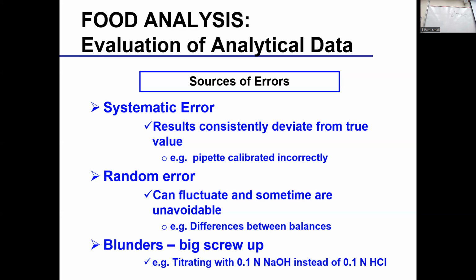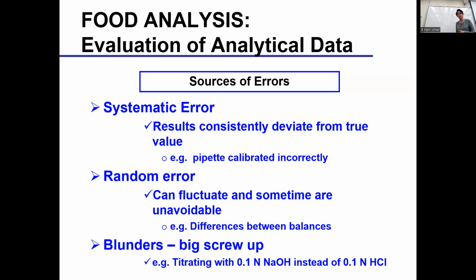So you have juice or a 7-Up or whatever we give you to determine total acidity. In the burette, you have to have the base. You have to have the NaOH in there to titrate the acid to determine percent acidity. So instead of putting NaOH in your burette, you grab the HCl and you keep titrating, and no change in color. So that's a blunder.